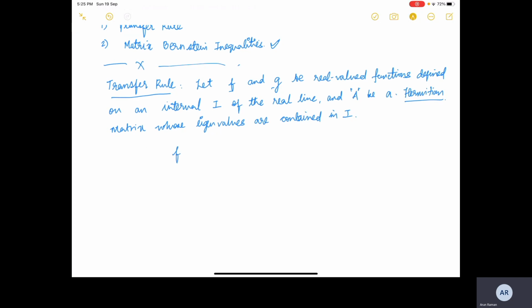Then what we have is that if f of a is less than or equal to g of a for all a in I, this implies that f of the Hermitian matrix A is less than or equal to g of A in the semi-definite order.